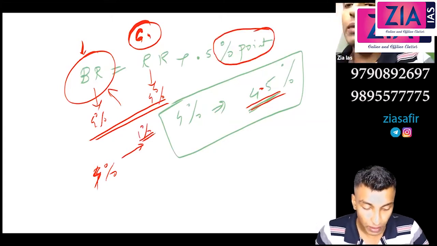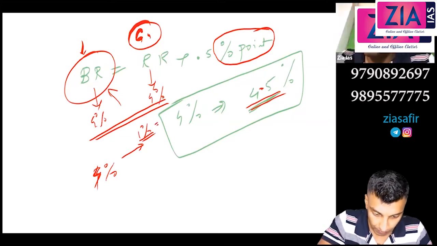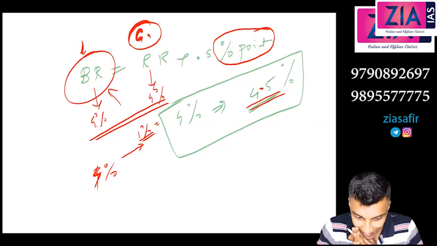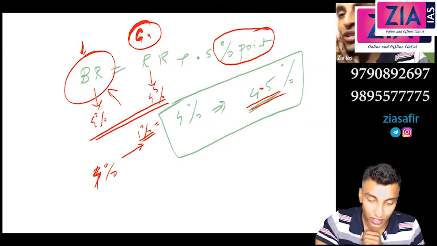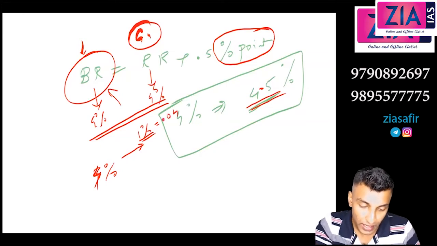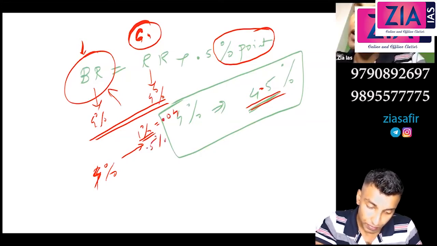So if I'm saying 1% of 4, what is that? 1% of 4 is 0.04. Okay, so if I'm saying 0.5%, what is that? Half of this, 0.02, right?